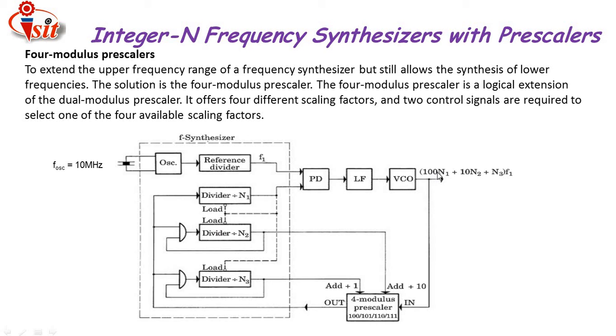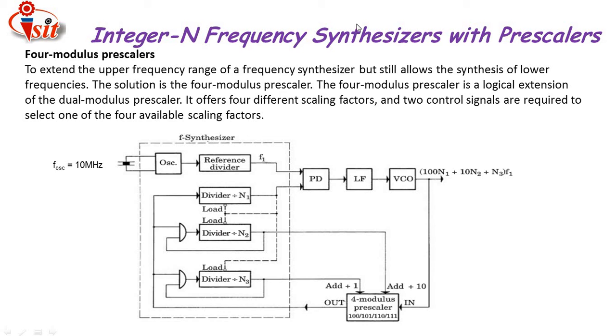In that, whatever the n factors present over here, n1 is multiplied by 100, n2 is multiplied by 10, and n3 is multiplied by 1, along with the frequency factor f1. Whatever output comes over here is connected back to the input of the 4 modulus prescaler, that is 100/101/110, and that output is again applied back to the divided by n1 factor.